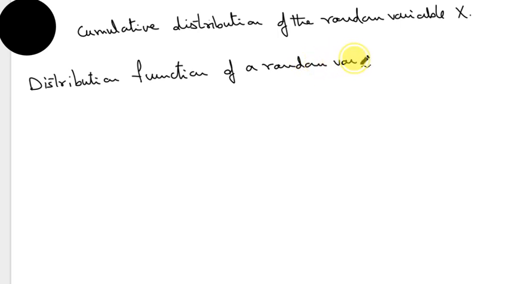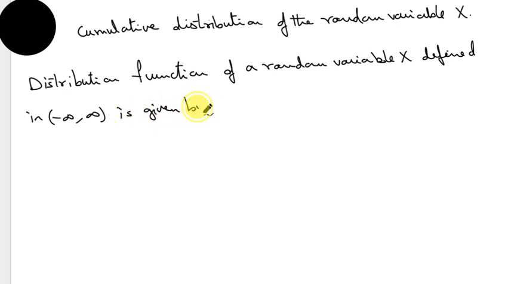of a random variable capital X defined in the open interval minus infinity comma infinity is given by capital F of x. See, when you did your PDF or probability function, it was always small f.